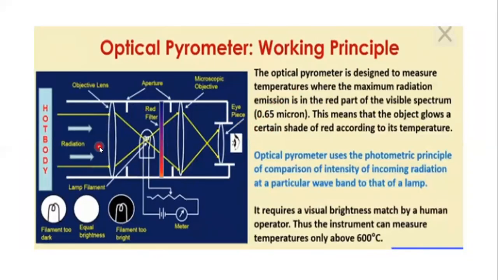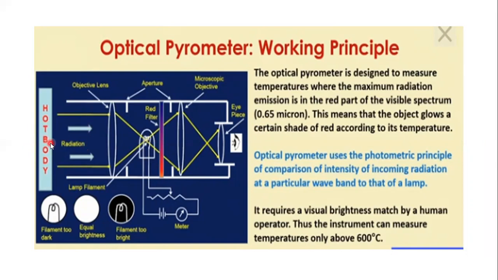And in an optical pyrometer, we select only a particular radiation, that is visible radiation alone, which is used for producing a particular EMF or current, shown by a meter or voltmeter, and we are calibrating a filament temperature with a hot body temperature.